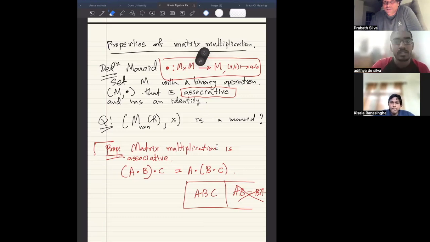So addition can be a binary operation. Yeah, addition is a binary operation on integers. Since a monoid has only one binary operation, how can there be associativity?